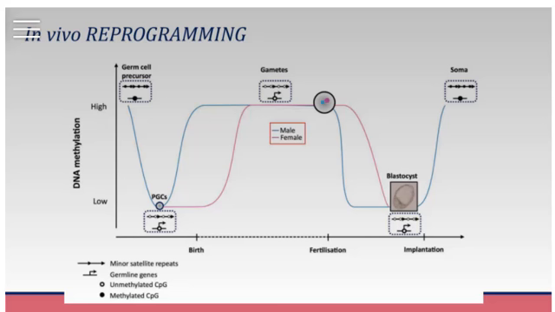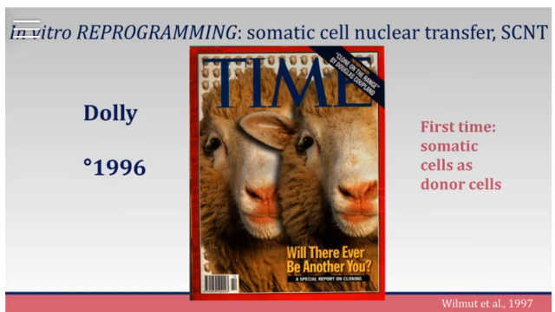It's the stage of the precursor cells, the primordial germ cells, and the stage during embryo development when you have a blastocyst. There is also epigenetic erasure. But by in vitro reprogramming, we mean that we want to make somatic cells embryonic again.